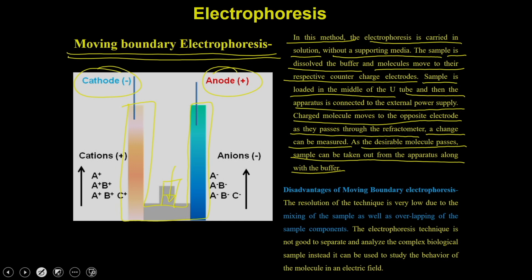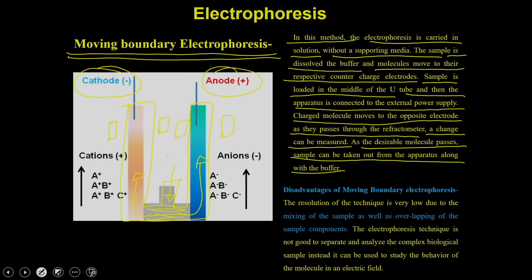From this chamber you can load the samples, then the sample is filled into this middle tube, and then they connect the cathode and anode to the external power supply. So, the positively charged molecules are going to run towards the cathode, whereas the negatively charged molecules are going to move towards the anode, and on the terminal end of these tubings they put refractometers on both sides.